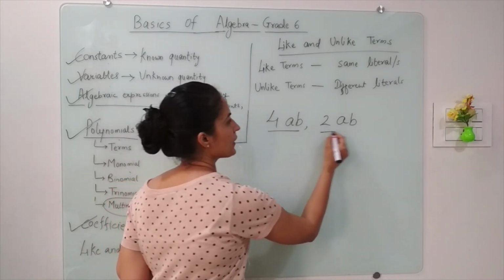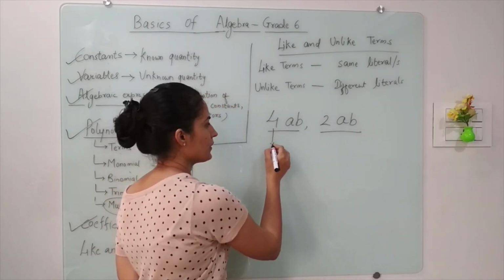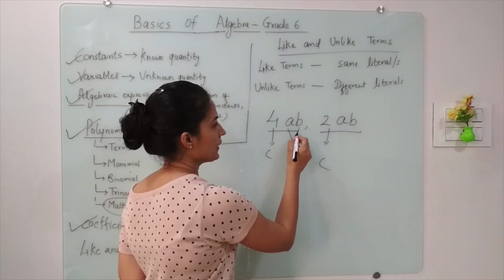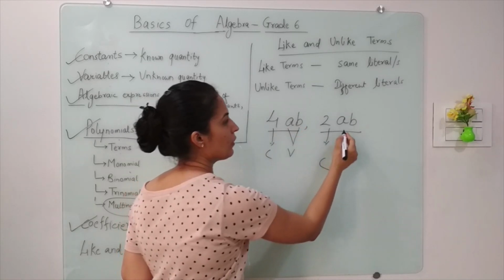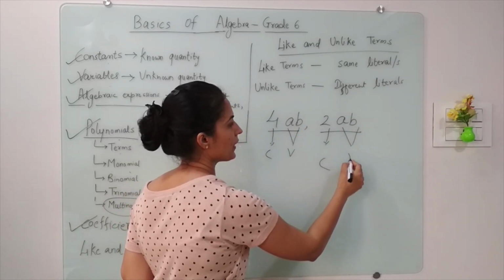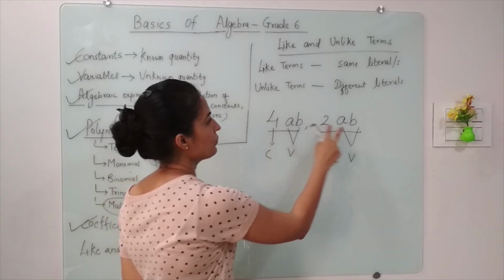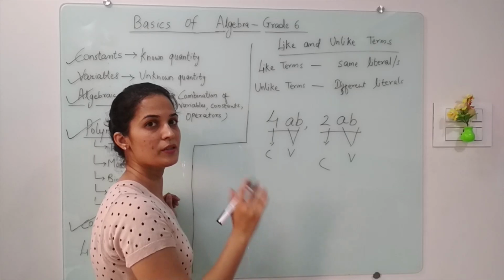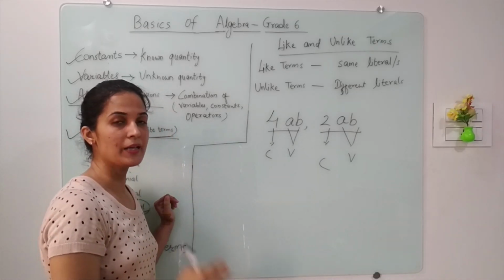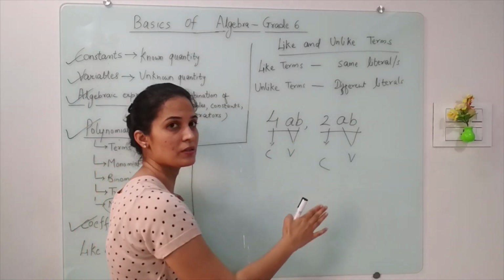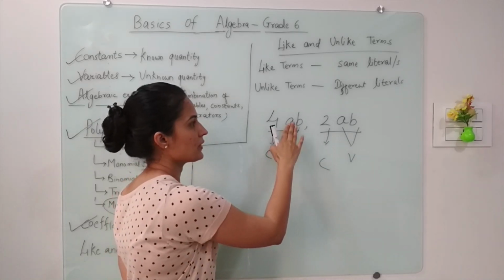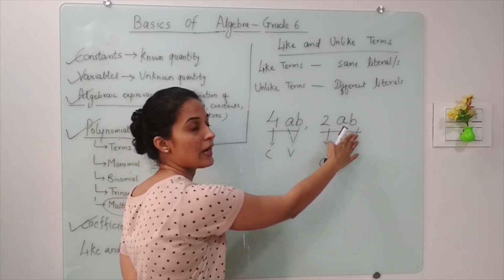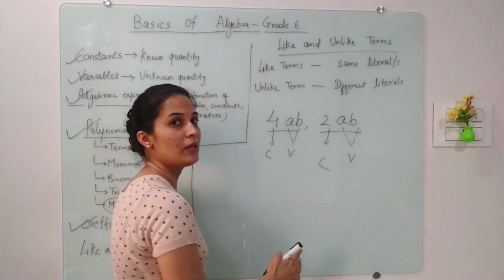This is one term, this is another term. This has a constant here, this also has a constant here. Now the two variables here are a and b. Here also the literals are a and b. We do not look at the constants. To identify whether two terms are like terms or not, we have to look at the literals. Here this term has literals a and b, and here also the term has the literals a and b. So these two are like terms.